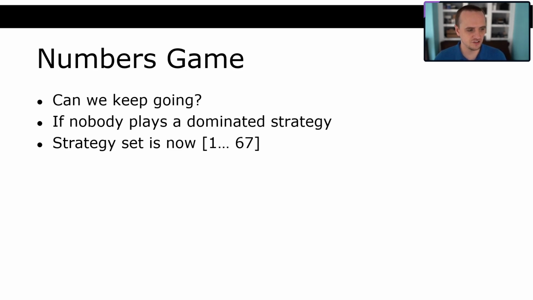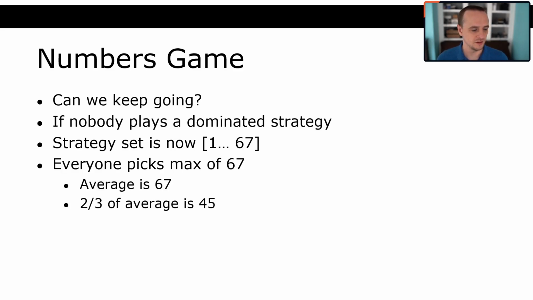So now the strategy set is no longer 1 to 100, it's 1 to 67, right? So let's say everyone picks the maximum value, so everyone's going to pick 67. So the average is now 67, but 2/3 of the average is 45. Okay, you can see where we're going now.